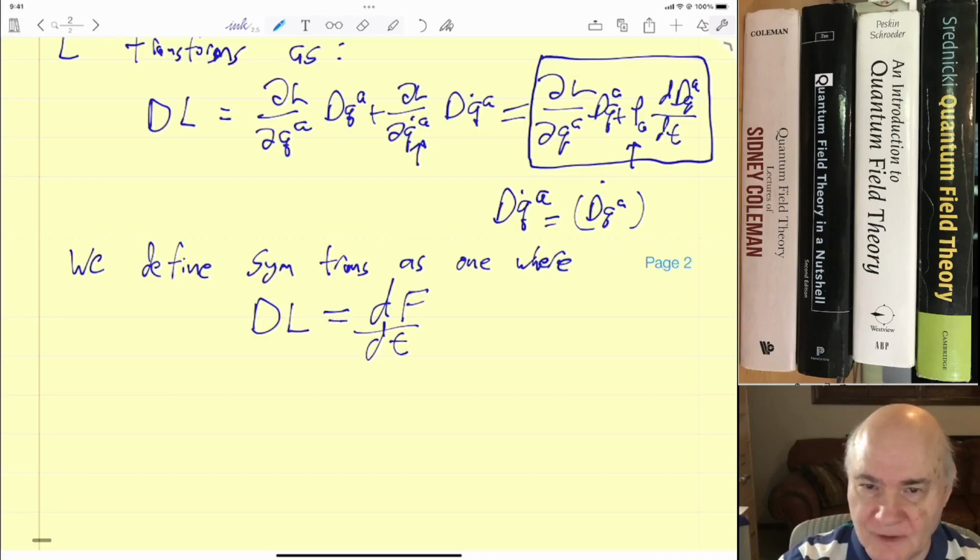Or if they satisfied them before, they'll satisfy them after. And as you may remember from classical mechanics, and as I'll review in a second, as long as the change in the Lagrangian is a complete derivative, that won't affect the action principle.